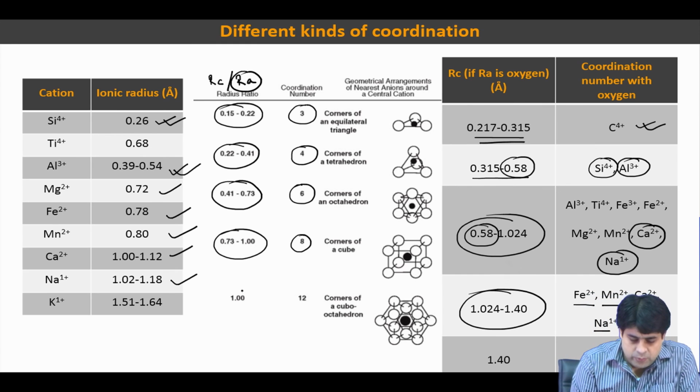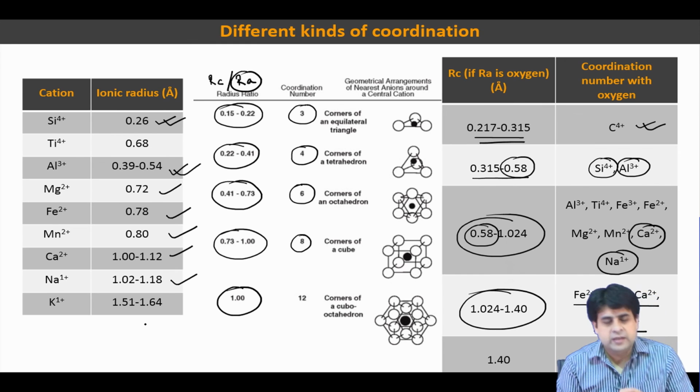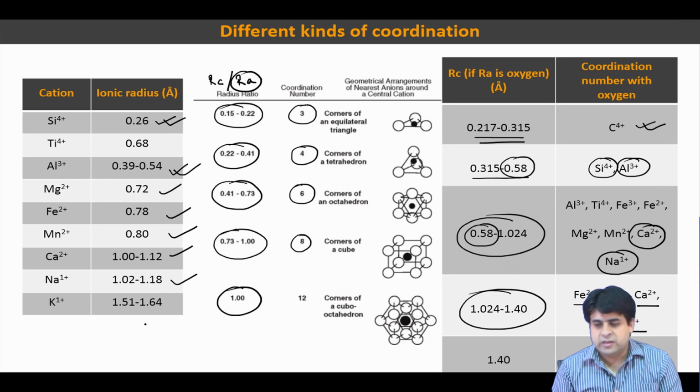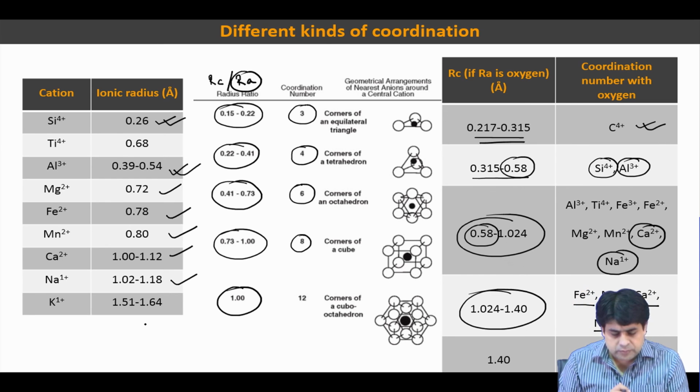So the last one is where the radius ratio is 1. When you have a radius ratio of 1, basically you have a 12 fold coordination. When you have a 12 fold coordination, in that case you have cubic closest packing, and in this kind of packing you have the maximum number of anions, the maximum number of oxygen.